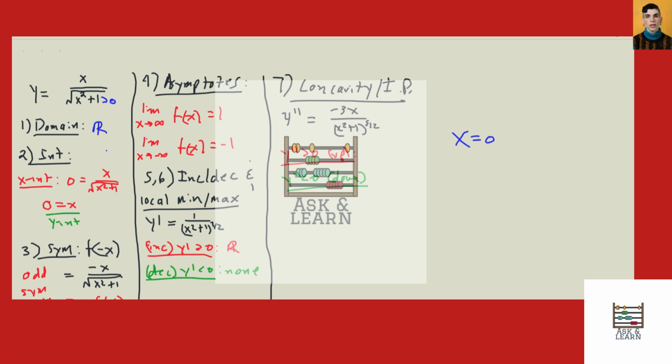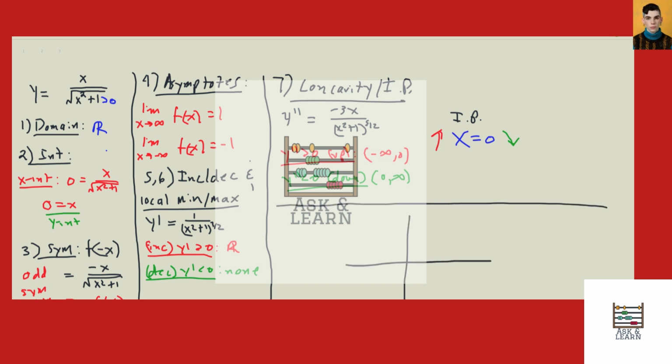So this should actually be, I'm glad I caught that, the function is concave up on negative infinity to 0 and concave down from 0 to infinity. So it's concave down to the right of 0 and concave up to the left of 0. So it's still going to be an inflection point, but the concavity won't really make much sense when we actually go to sketch it.